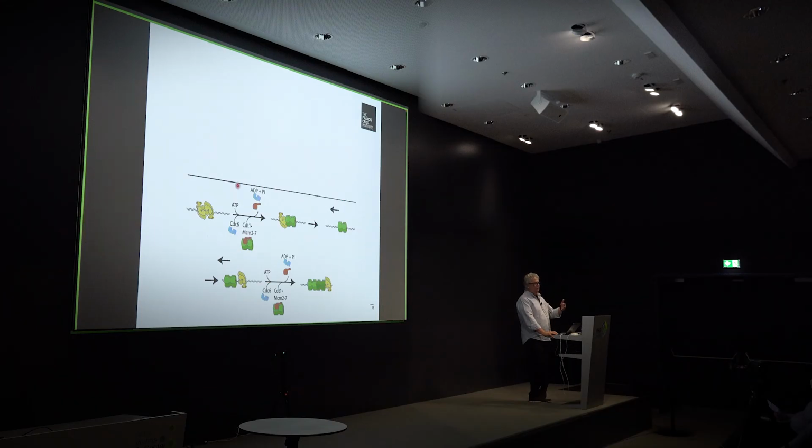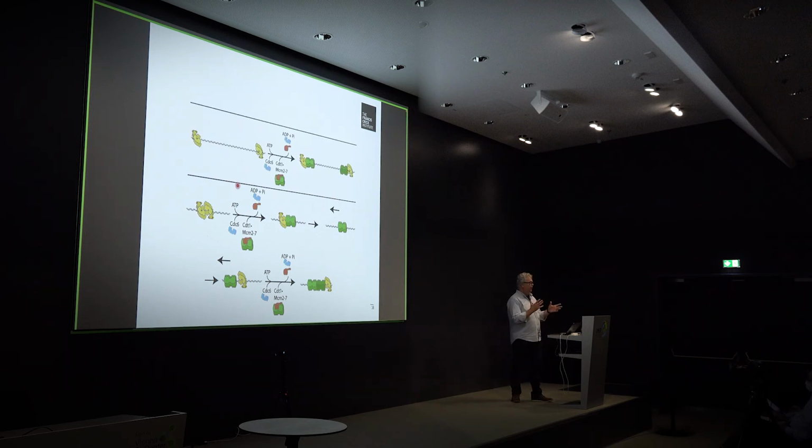So what I've implied is that there are multiple ways that MCMs can be loaded. There's this way that we've learned from RS1, which is very sequential. ORC has to bind to one site, has to load an MCM, it has to release. You have to get a second ORC binding event and all of that. But actually, the flexible distance requirements mean that there are other ways that the MCM complex can be loaded.